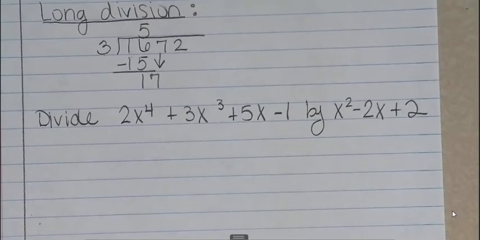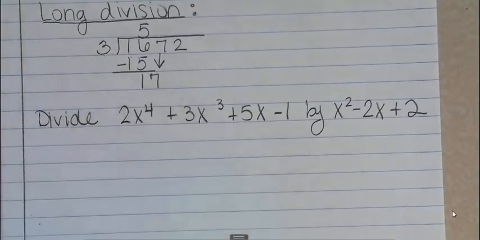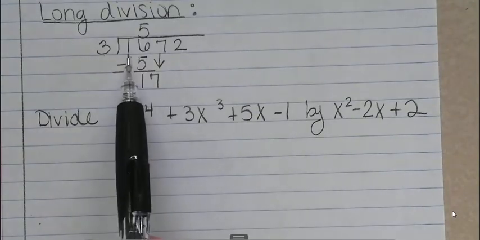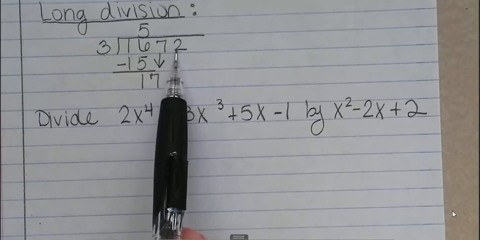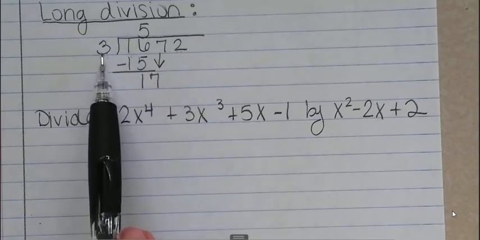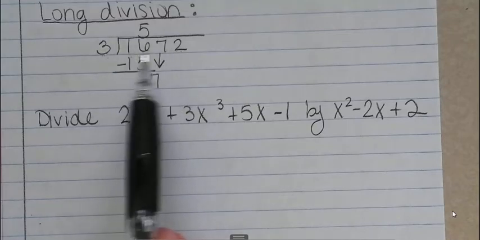Okay, well, there are a couple ways to do this, but right now I'm going to show you the long division way. Like for example, this was 1,672 divided by 3, right? So the number that we're dividing by gets put on the outside, and the number that we are dividing then gets put on the inside.